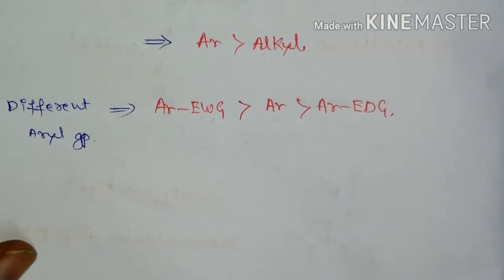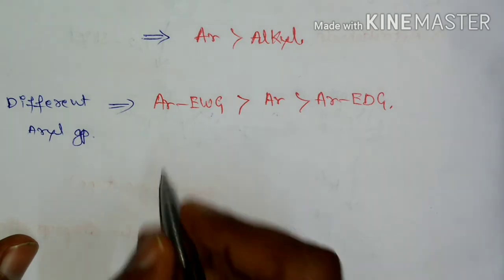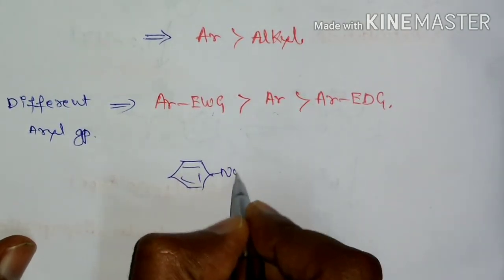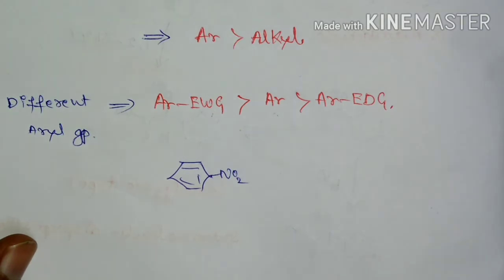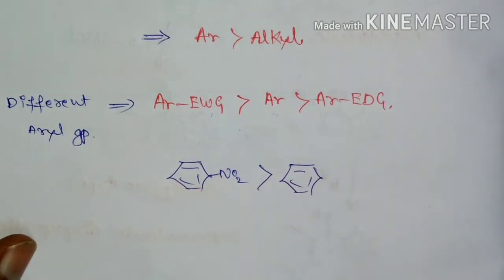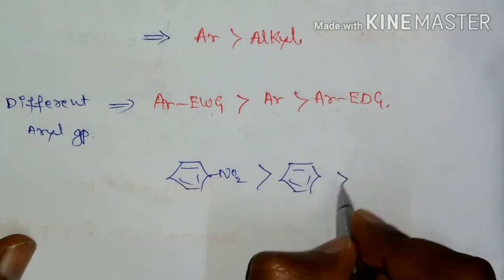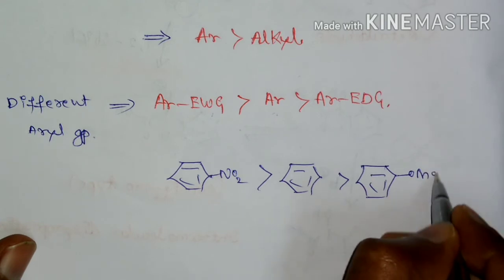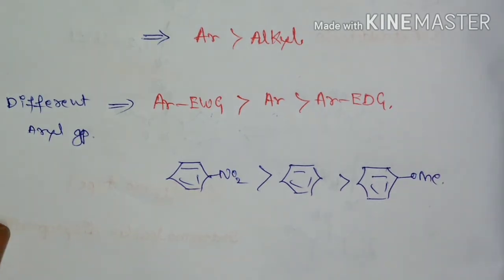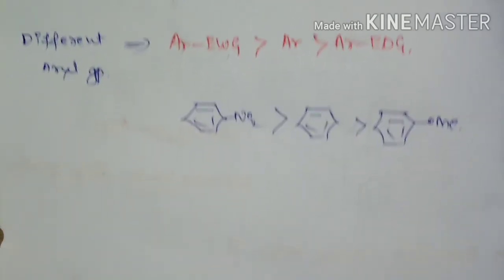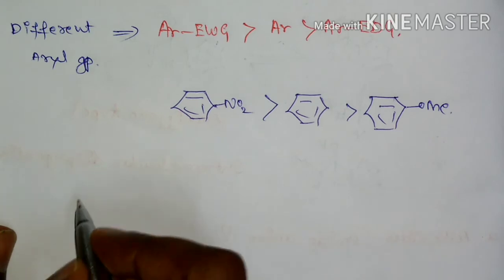So if there is an aryl group substituted with a nitro group, this will migrate instead of the unsubstituted one, and the unsubstituted one will migrate in presence of a methoxy group. So this is the migratory aptitude. Now I will give an example for it.